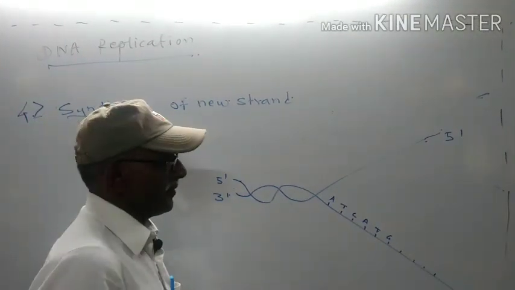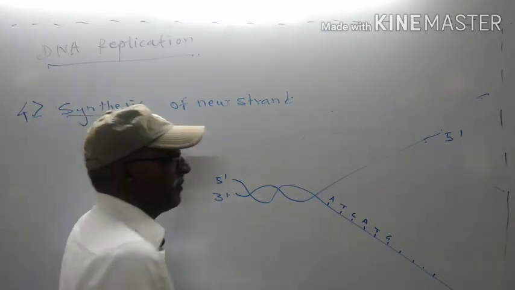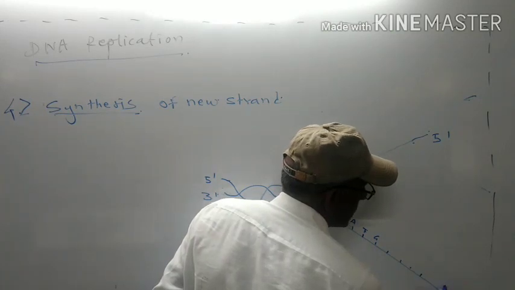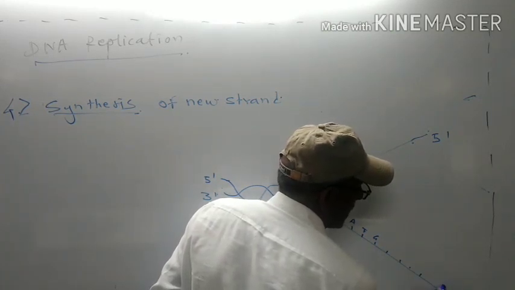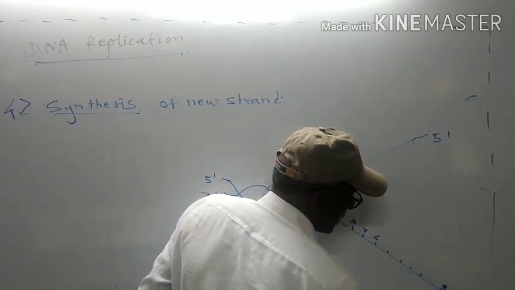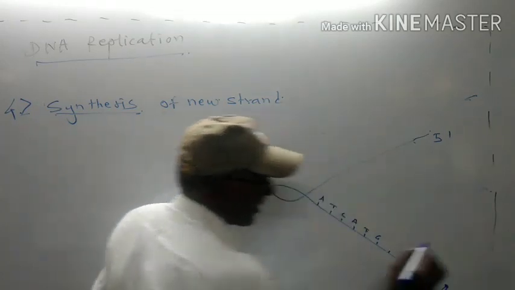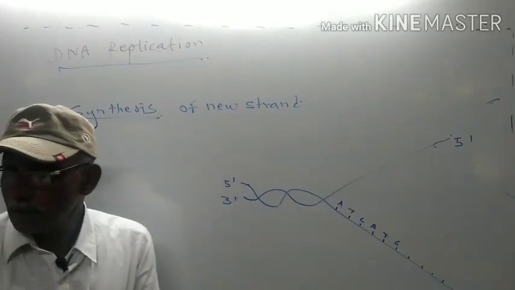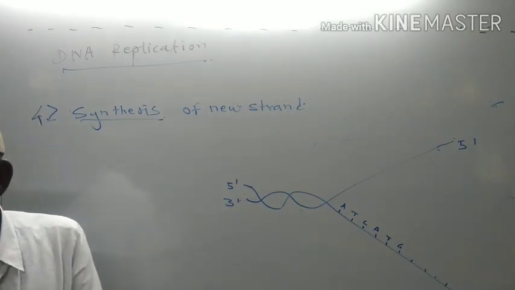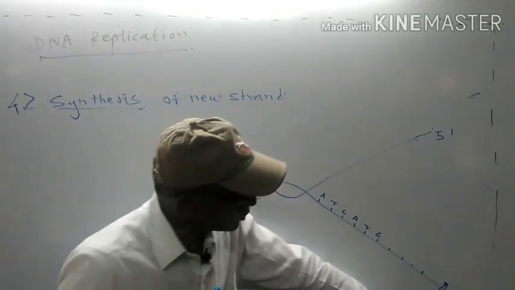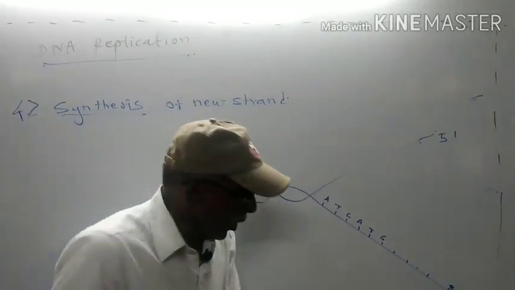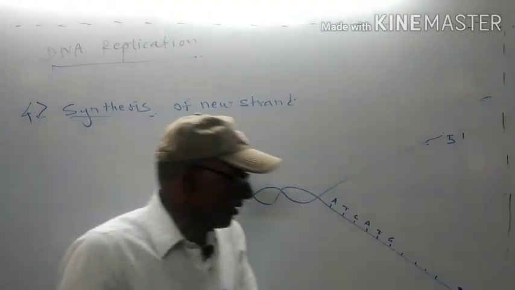An RNA primer gets attached here. What is that called? RNA primer. The RNA primer gets attached to the 3' chain.